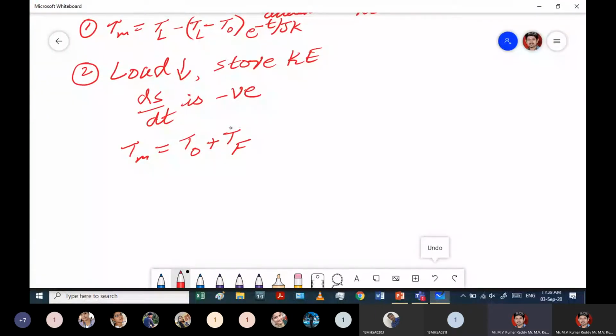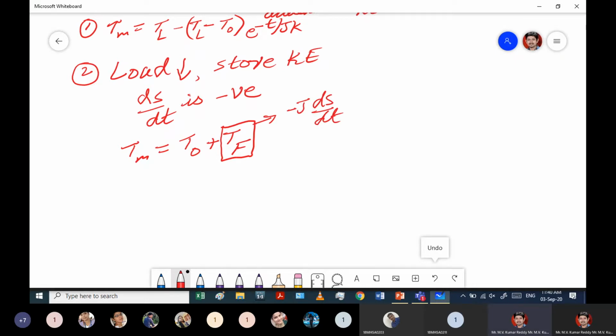Now we have to find the value of TF. The value of TF is minus J into ds by dt.